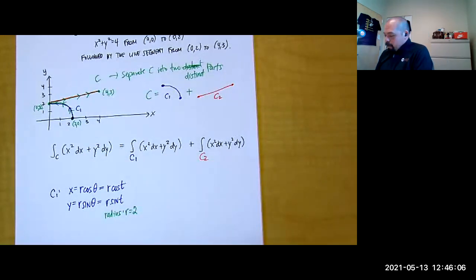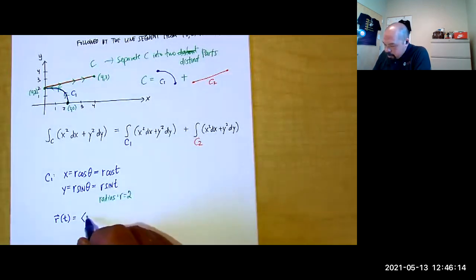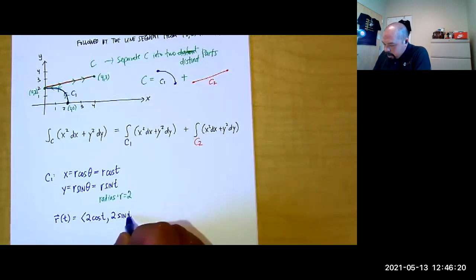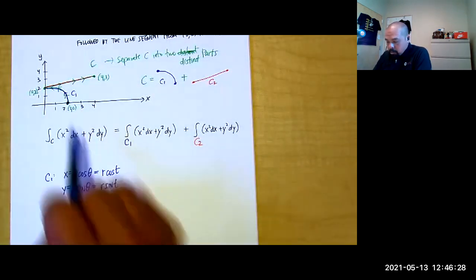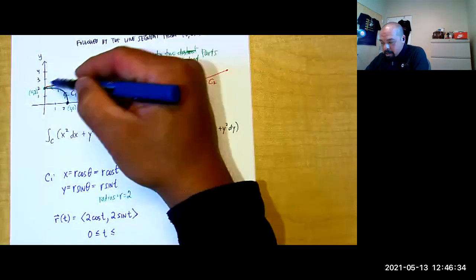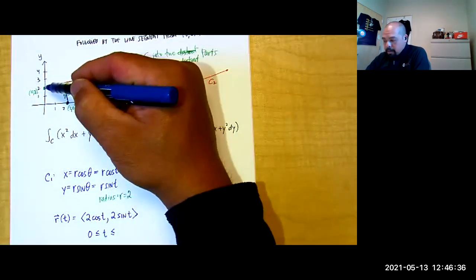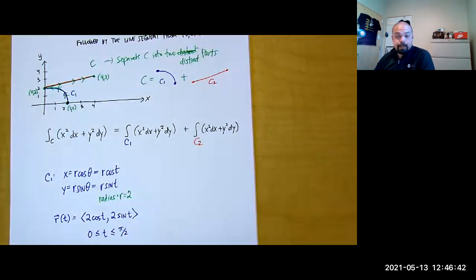So in this case, for our R of t or R of theta, I can put that below as well. We're going to get, for the x part of it, 2 cosine t, the y 2 sine of t. And what are we doing for t? T is going to start at, right, when our angle t is 0, cosine is 1, sine is 0, right? So we're going to go from 0. And then where are we stopping? Think about your theta, think about your angles here. X-axis is 0, y is pi over 2. And we could have left that as theta as well.